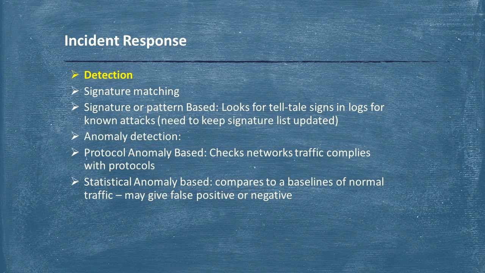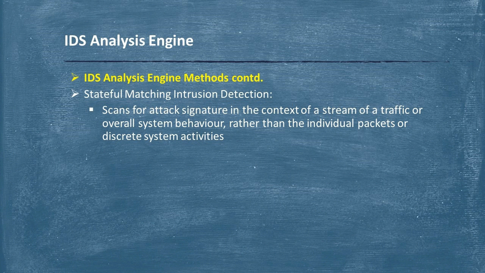If on a particular day it is varying, then an alert will be generated. Another method is stateful matching of intrusion detection. We talked about stateful firewalls earlier when we were doing network communication security. The same stateful approach, but here we use it for intrusion detection.